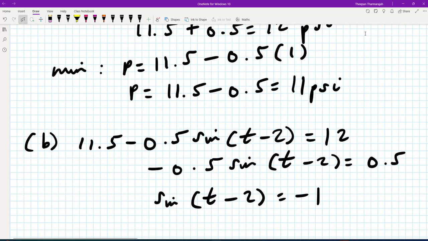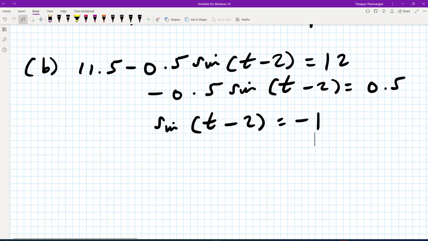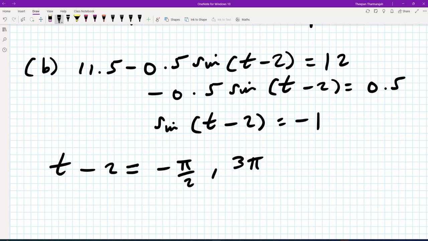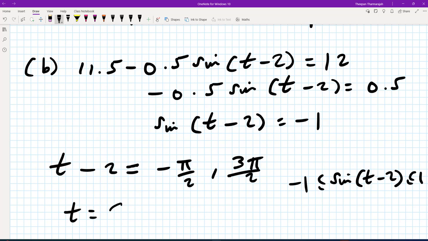Now from the sine graph, we know that minus 1 occurs at the following values. So t minus 2 will occur first at minus pi over 2 and 3 pi over 2. But don't forget, we're going to add 2 to this. So we're going to do 2 minus pi over 2.